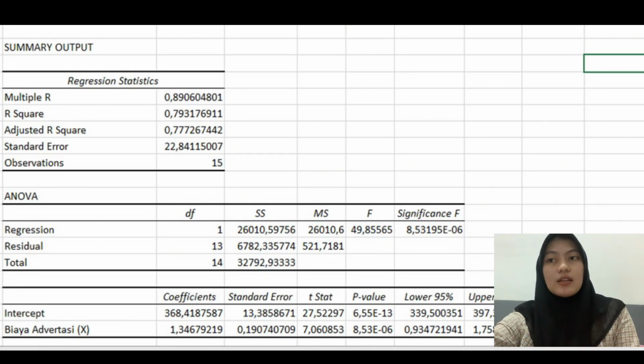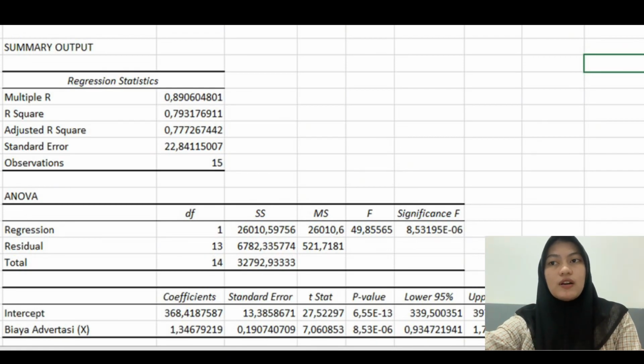And adjusted R square is useful if there are many variables. And the standard error is an estimate of the average distance of the data points from the regression line. And for the last is observations, the number of data or respondents.